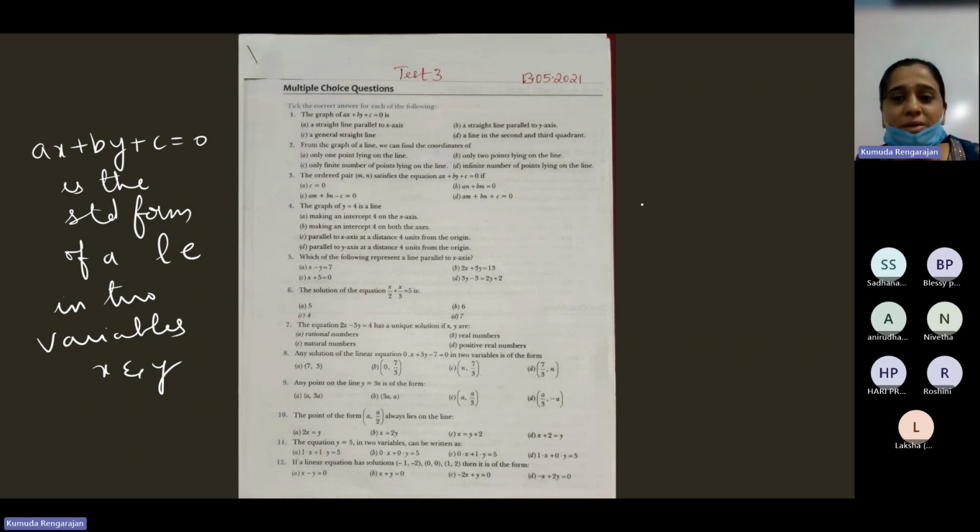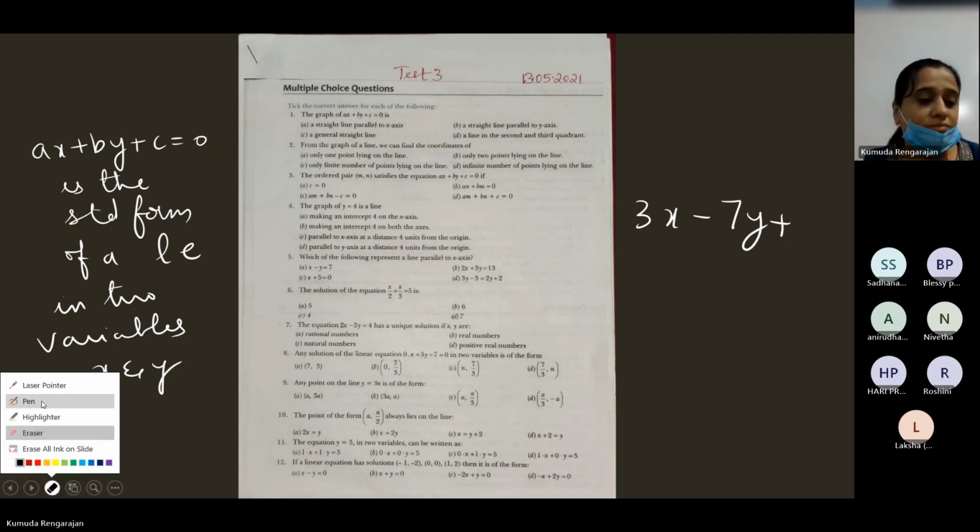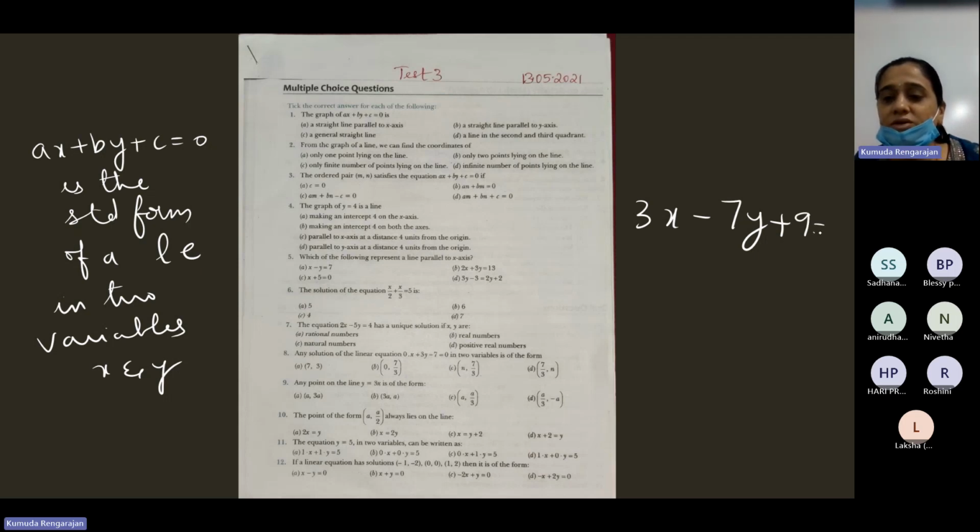For example, 3x minus 7y plus 9 is equal to 0.